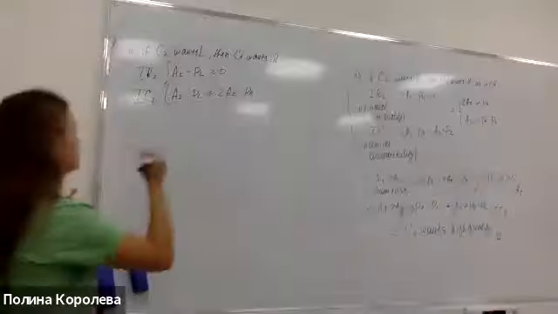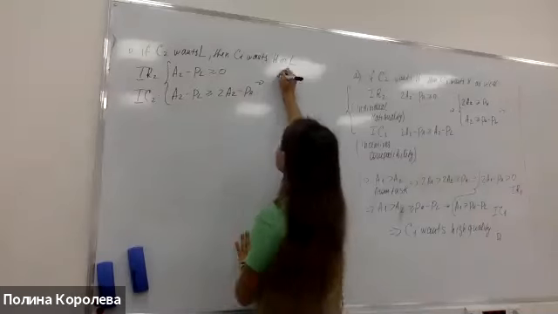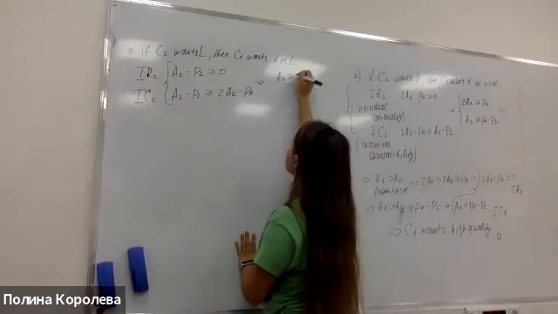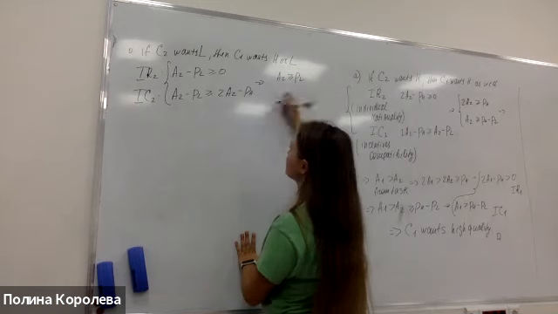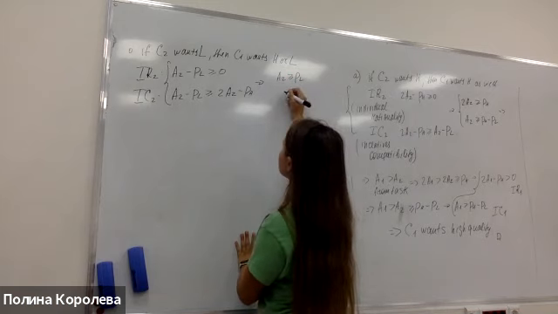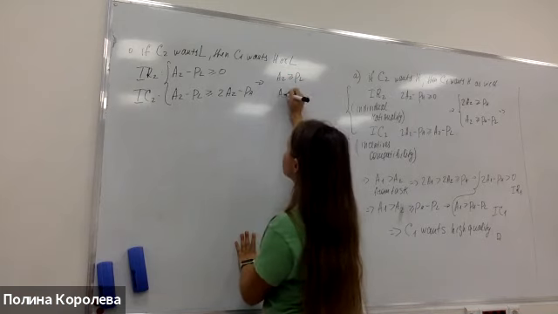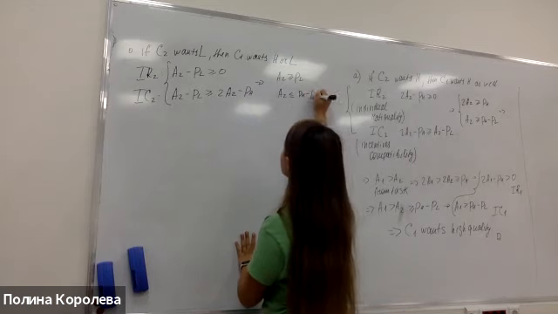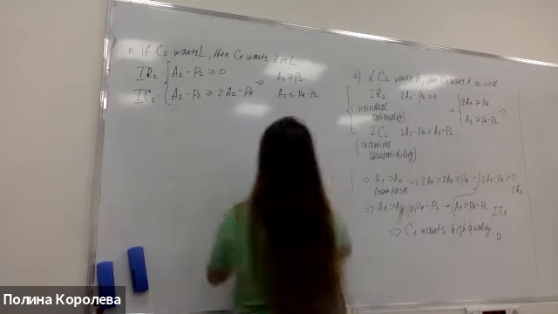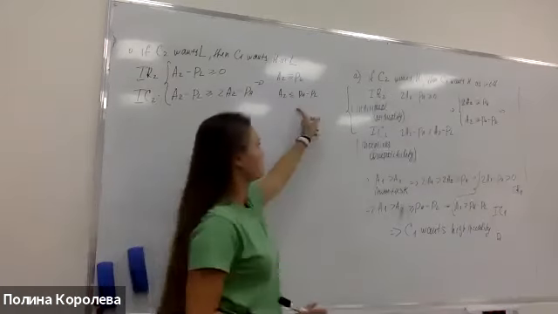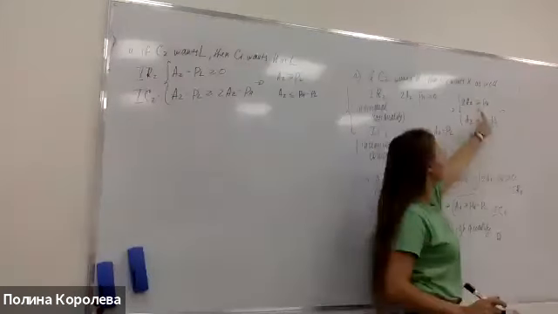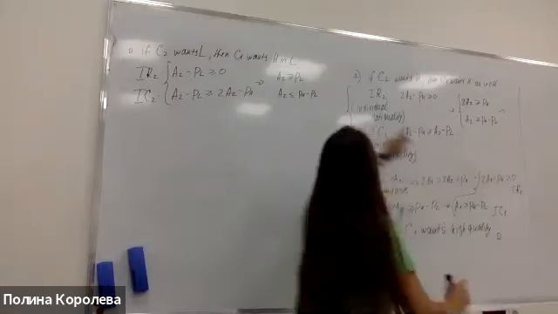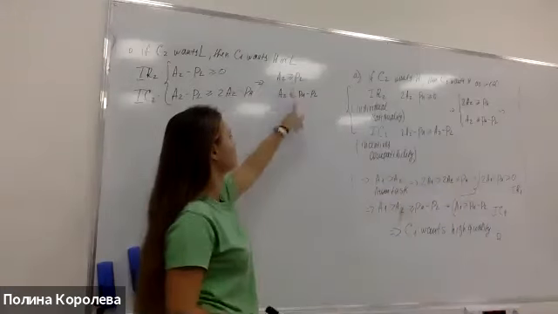This is the system. Then rewrite: A2 greater or equal to the price of low quality, and A2 should be less or equal to PH minus PL. Now you see the difference. Here, same signs, and here, opposite directions.